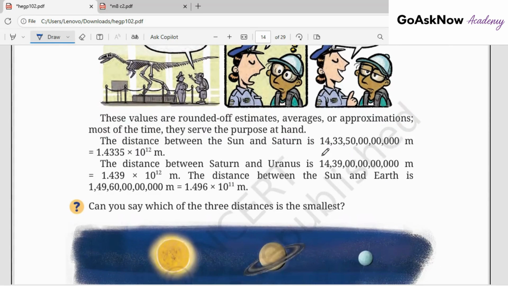The distance between the Sun and Saturn is this many meters, that is 1.4335 into 10 power 12 meters. The distance between Saturn and Uranus is 1.439 into 10 power 12. The distance between the Sun and the Earth is 1.496 into 10 power 11 meters.